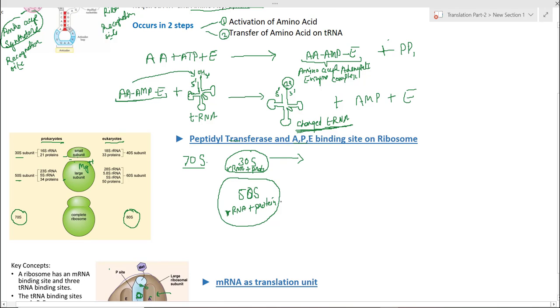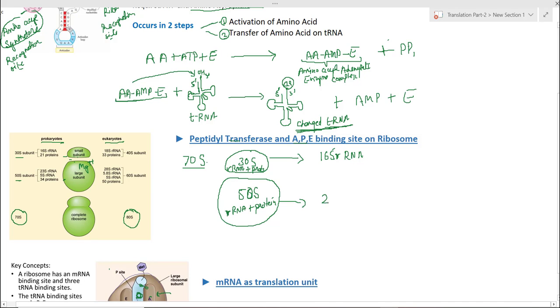Which type of ribosomal RNA is present in both subunits? In the smaller subunit there is 16S ribosomal RNA, and S is the Svedberg unit, a sedimentation coefficient.